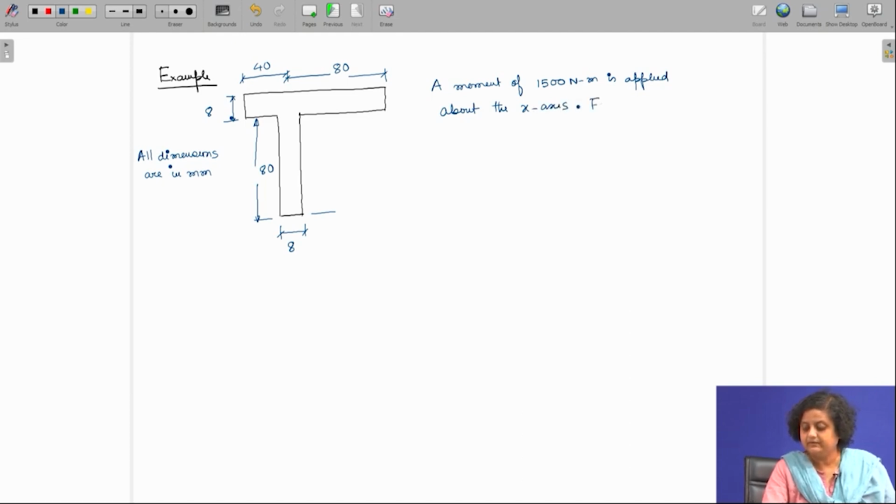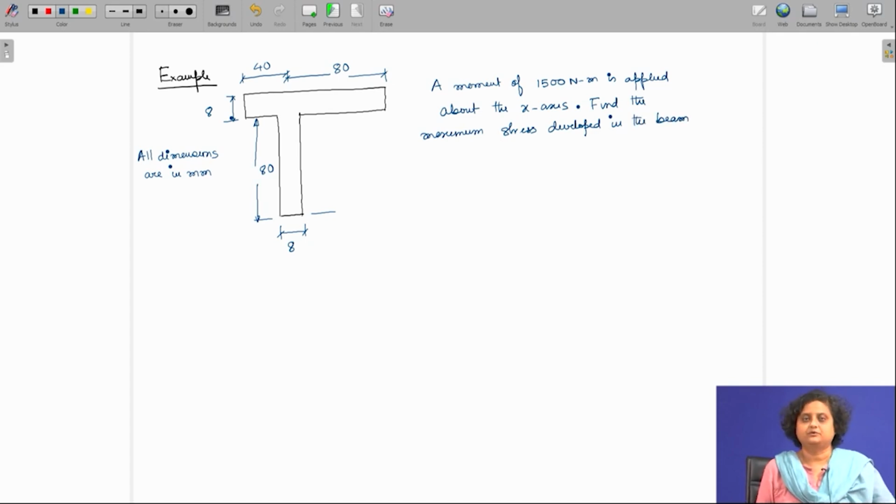Find the maximum stress developed in the cross section, in the beam or the beam cross section.